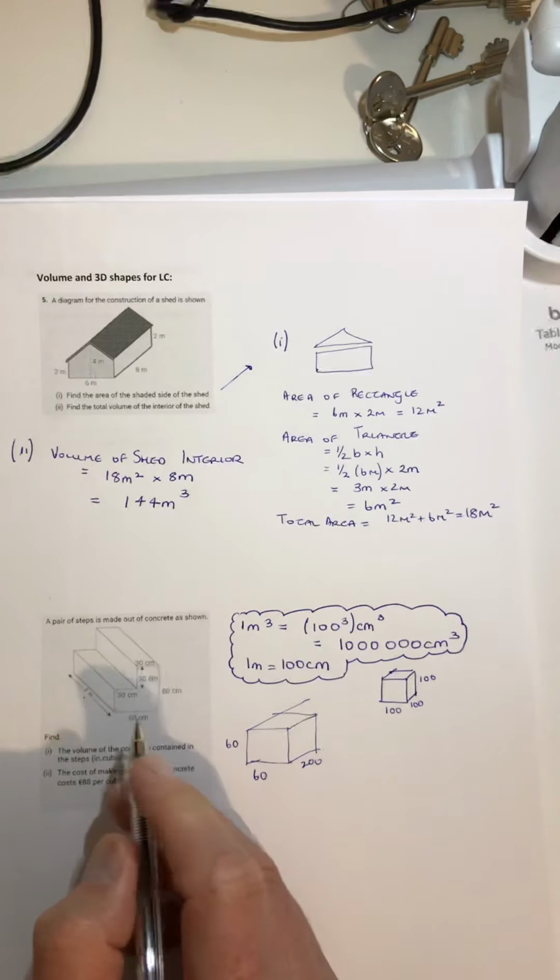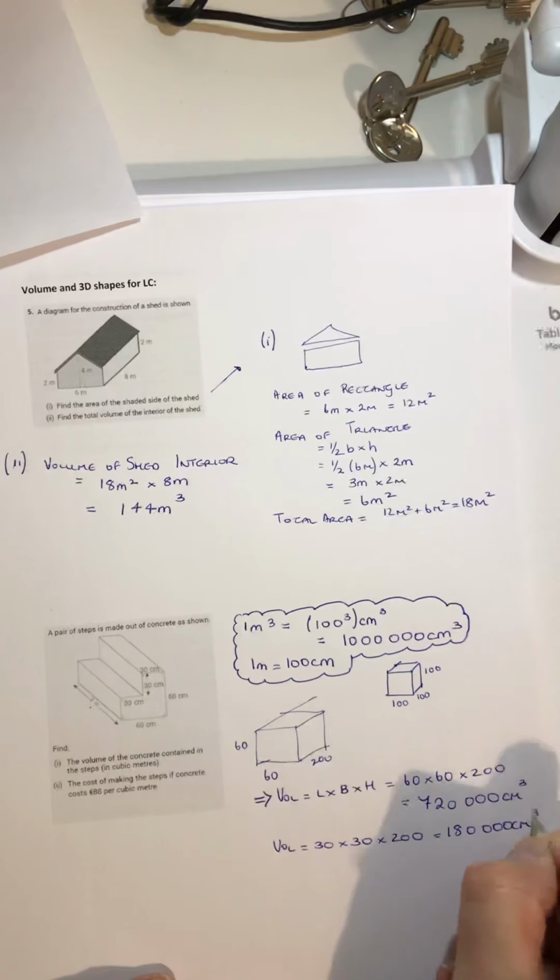Now we want to take away this little bit here that we're not including, so the volume is 30 by 30 by 200, which is equal to 180,000 centimeters cubed.